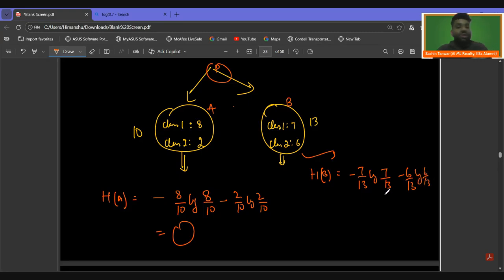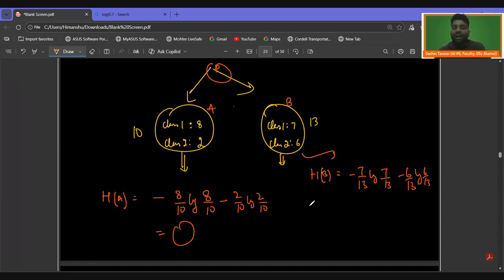Now the work is not done. Why? Because right now I have gotten what is the entropy for this one, what is the entropy for this one. I need to calculate what is the overall entropy I'm getting. So I need to determine, because of this split, what is the overall entropy I'm getting. So to find out the final entropy, we have to use the weighted average of HA and HB. Weighted average means it would not be a simple average, HA plus HB by 2, because I had a different number of data points over here, different over here.